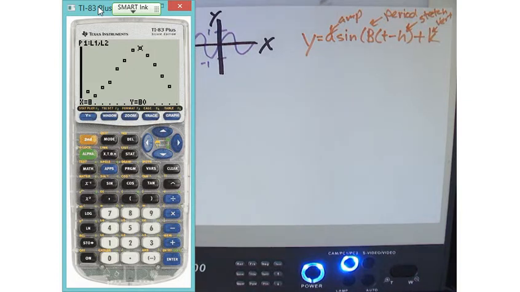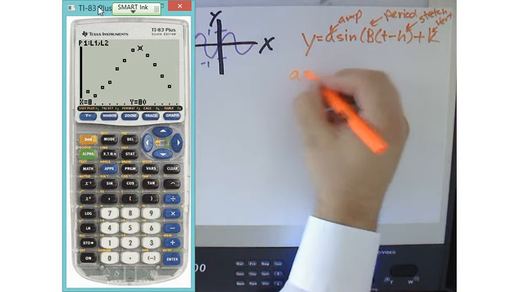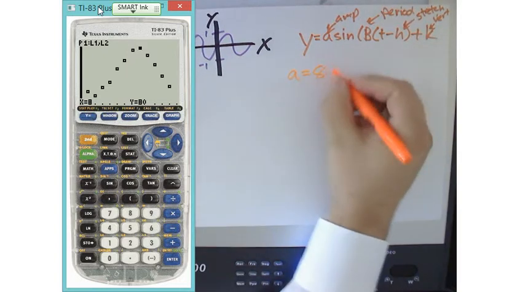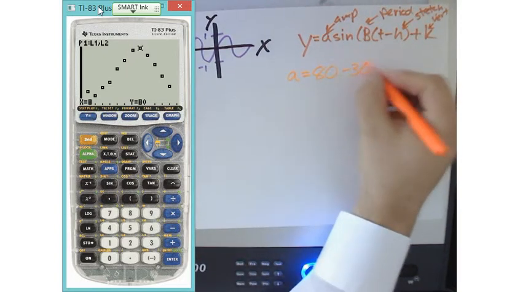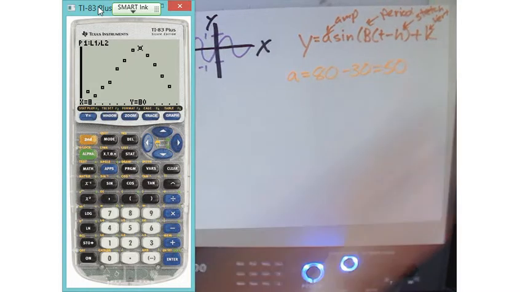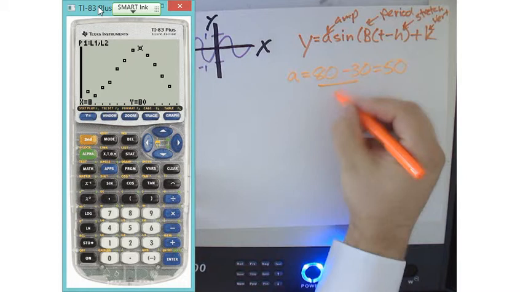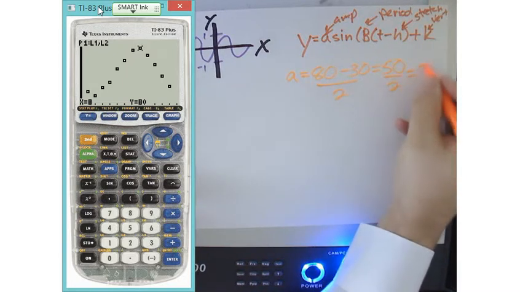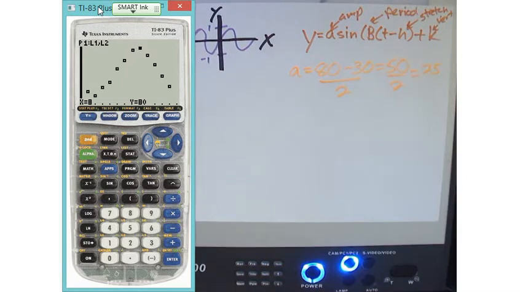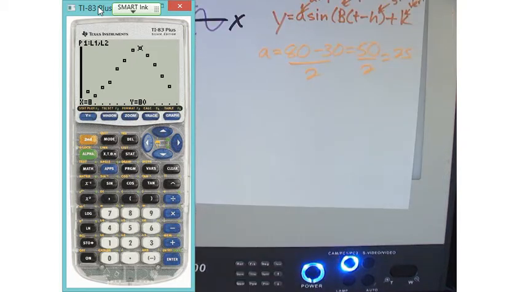Somebody said take 80 minus 30, which is 50. So the amplitude is 50? No, it's 20. Oh, so it's got to be all this divided by 2, which is equal to 25. We're going to check this in a second, see if we're right. Okay? So the amplitude is 25.